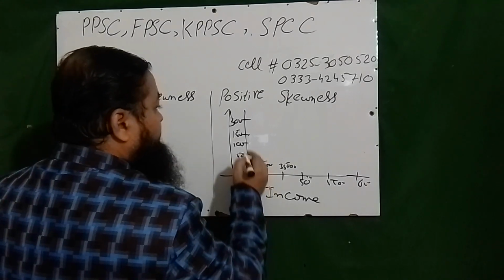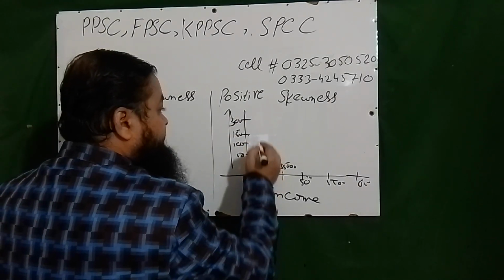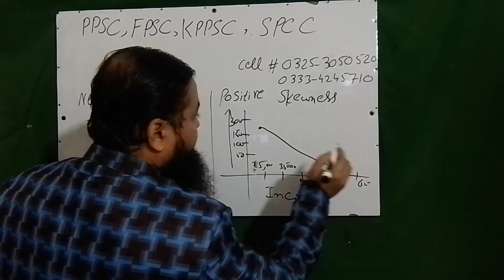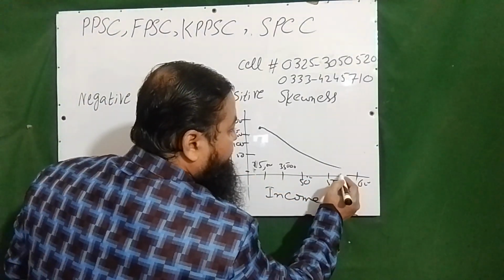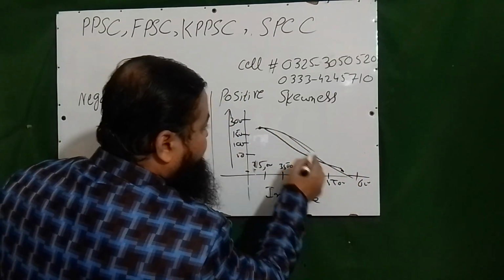Most of the people, there are 170 people, are getting 25,000 rupees as a salary. Now the graph is coming down. There are only 1 or 2 people getting 55,000 or 60,000 rupees as a salary. So this is called positively skewed.